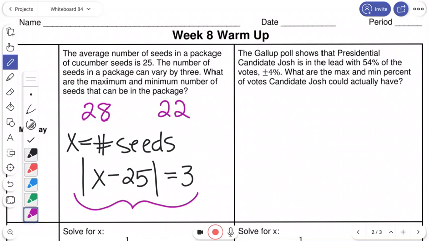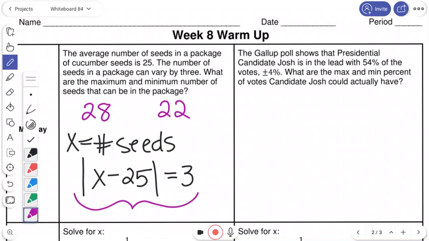The Gallup poll shows that presidential candidate Josh is in the lead with 54% of the votes, plus or minus 4%. What are the maximum and the minimum percent of votes candidate Josh could actually have? So this is something that you could definitely see or hear about now that election season is gearing up. But they're saying that he's got 54% of the vote.